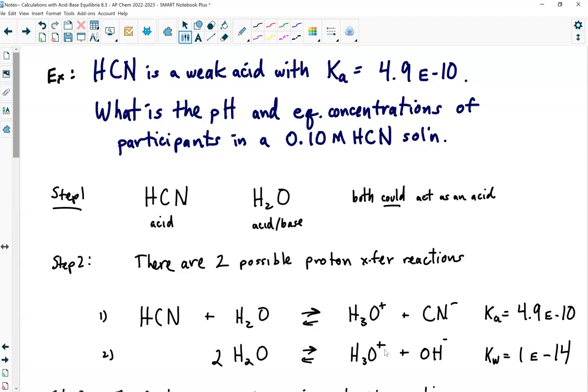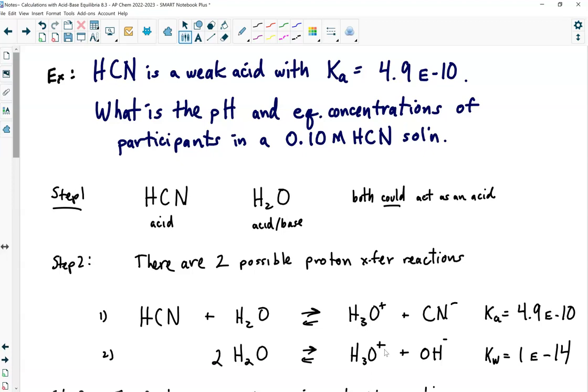The point I want to make is that there are 2 things in your beaker that could act as an acid, HCN and water. Also remember, water can act as its own conjugate base. Anyway, there are 2 possible proton transfer reactions.